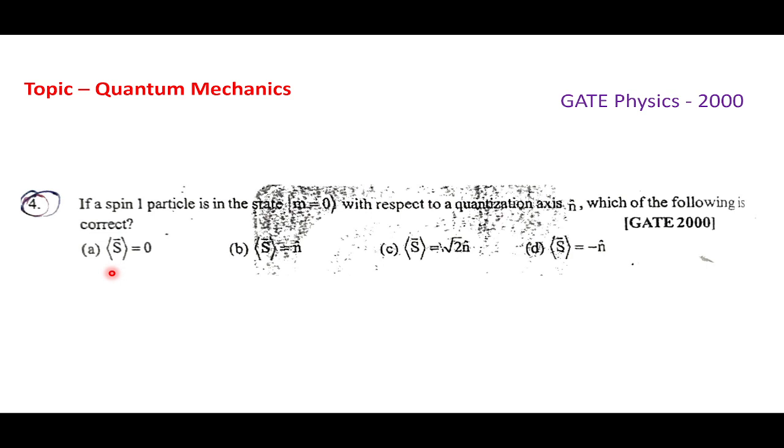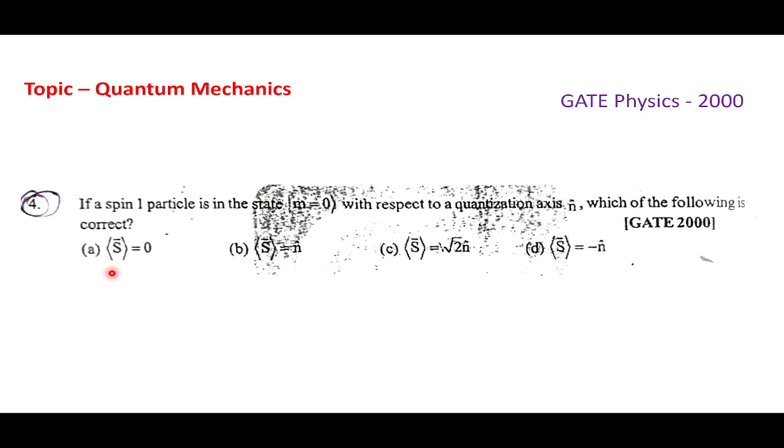If you remember that concept, then you don't have to calculate. You don't have to even calculate the average of Sx or Sy. What will that be? That should be 0, right? So you have to find only the average of Sz.